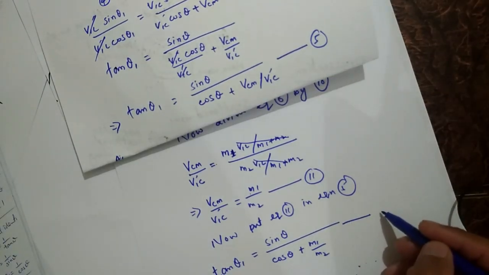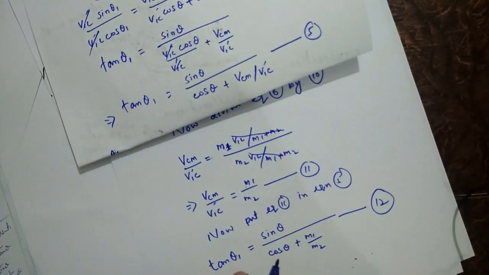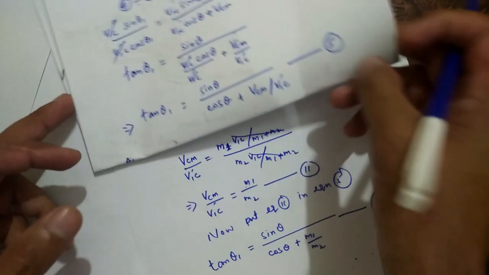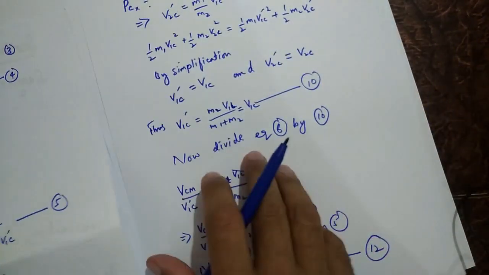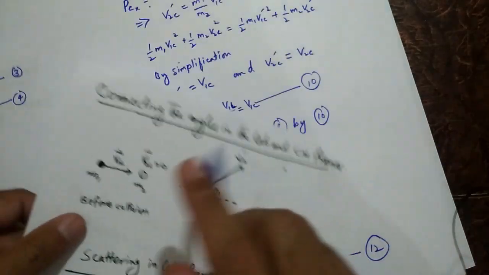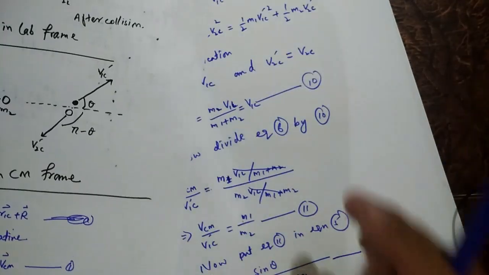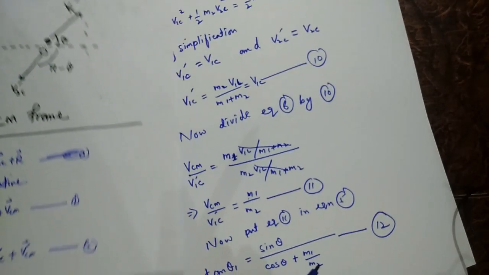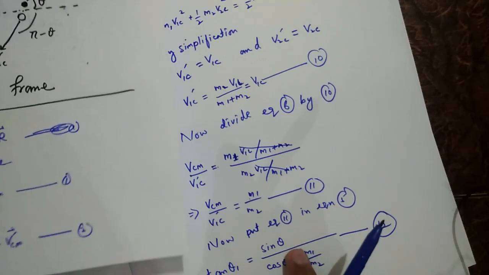This is equation number 12. So this is our final value, in which our job is to find the relation connecting the angles in the lab and CM frame. So here is the velocity in the lab reference frame, and this one is in the CM reference frame.